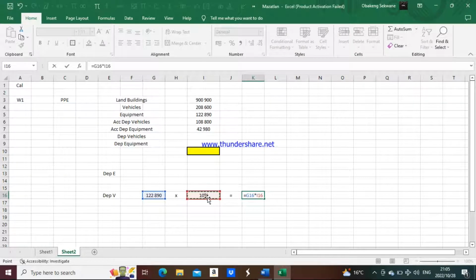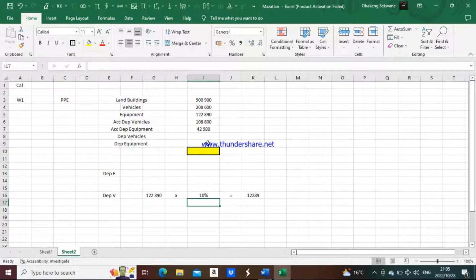The multiplication sign is the star, which is just between the division and the minus sign on your keypad. It's always on your right side, depending on the laptop or the computer that you're using, but most of the time it's on the right side of your keypad where your numbers are situated.